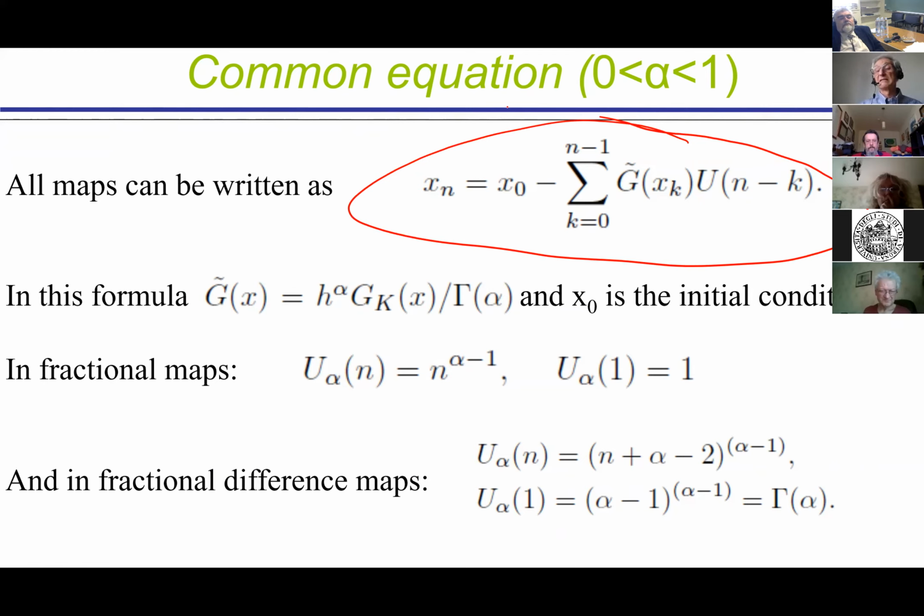Now, what is interesting is that not only those two definitions, but the majority of different definitions fall into this class of formula. So a new value of x is a convolution from all previous values. And in most cases, this function is asymptotically power law.